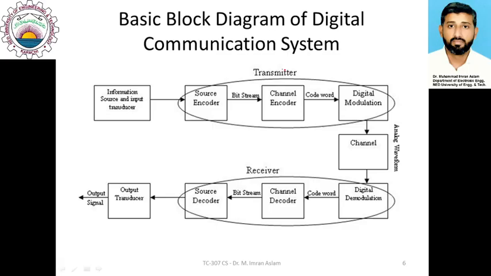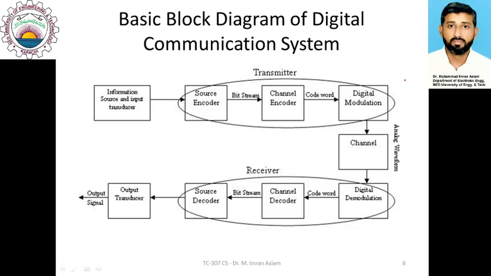So it may be possible to make a code word in such a way that if an error occurs during transmission, it can be automatically corrected at the receiver side without any retransmission.